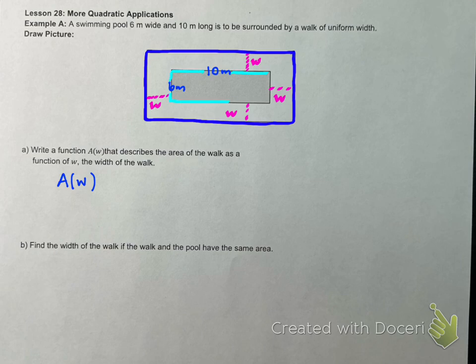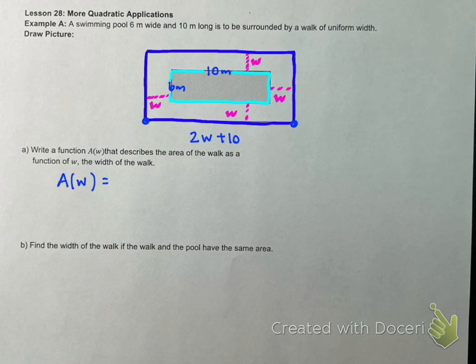I don't want the pool in my area. I just want the area of the walkway. So to do that, I have to think, what's the distance of this corner to this corner? I know one side's W, and then I know the distance of the pool is 10 meters, and then I know the other walkway part is W. So I would have 2W plus 10.